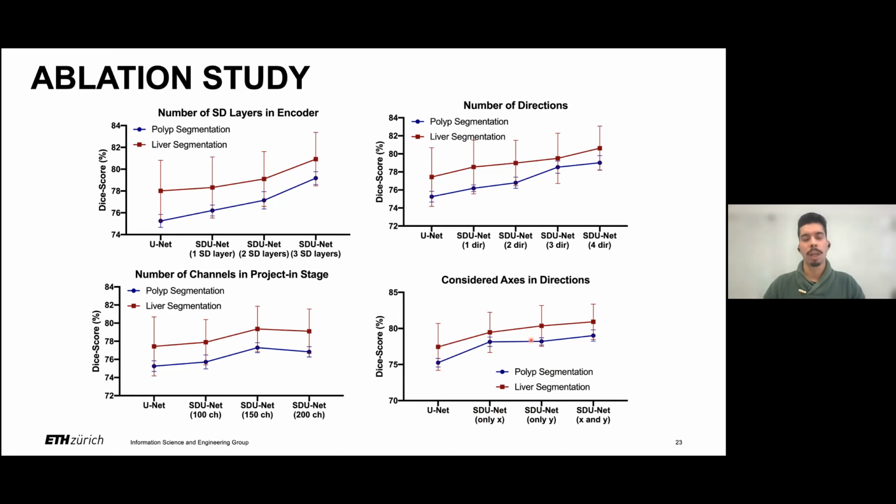Just the overall 2D modeling helps. But when you look at the liver segmentation, where we have a structure that in the coronal cuts has more preponderance in the Y-axis, the Y-axis contributes more than the X-axis. And then when we use both directions, the scores improve with respect to just one direction.